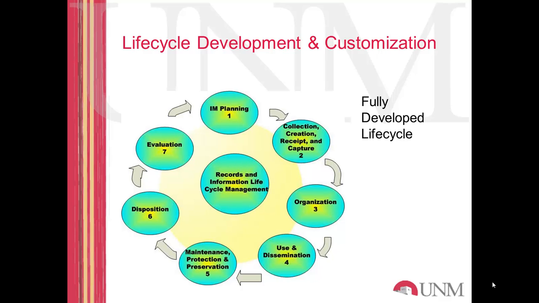And at the end of the life cycle, we have an evaluation stage where we take a look at the information and see whether it can be folded back into the current life cycle or we can simply dispose of it finally.